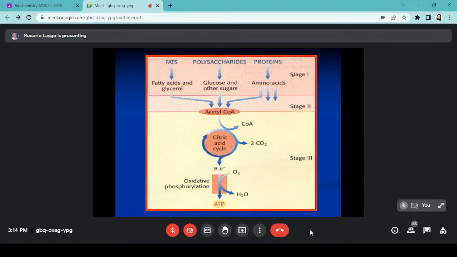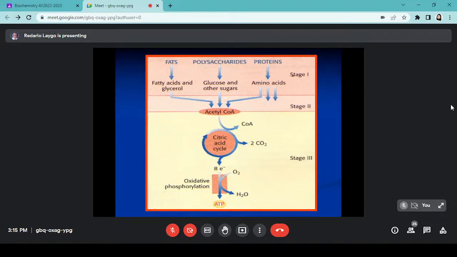And then, as I have mentioned, in your Krebs cycle, there will be generation of your reduced electron carriers in the form of NADH plus H, three of them: one in the isocitrate dehydrogenase reaction, another in the alpha ketoglutarate dehydrogenase reaction, and the third in the malate dehydrogenase reaction. Another kind, your FADH2, will be generated in your succinate dehydrogenase reaction.